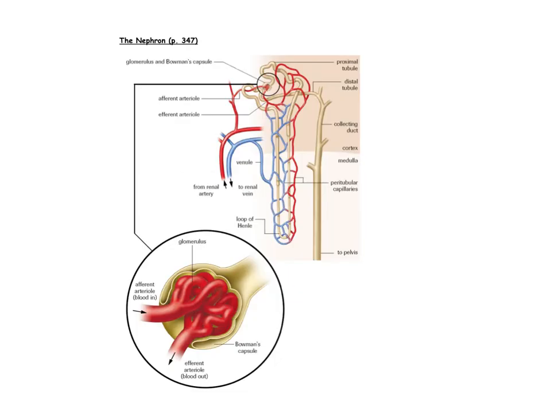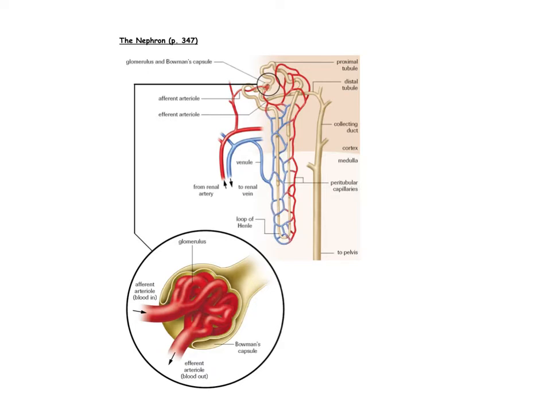So at this point, you should also have in your notes a diagram of a structure called a nephron. Aside from renal meaning kidney, nephron also refers to a structure within the kidney that does the filtering.